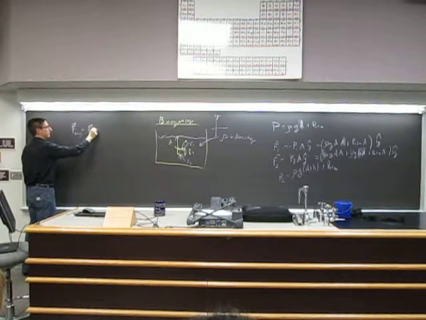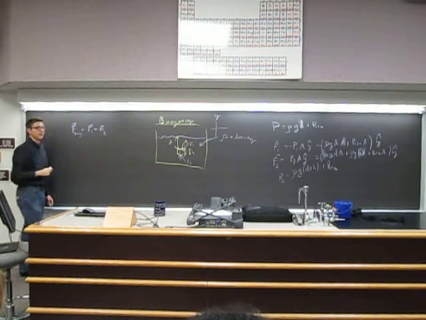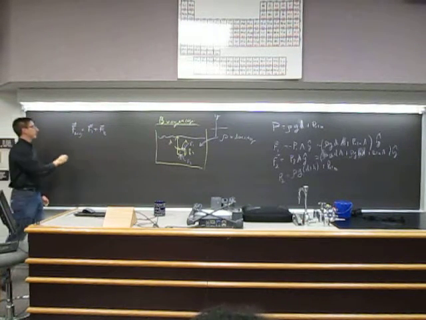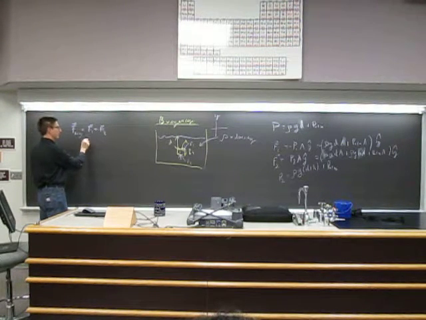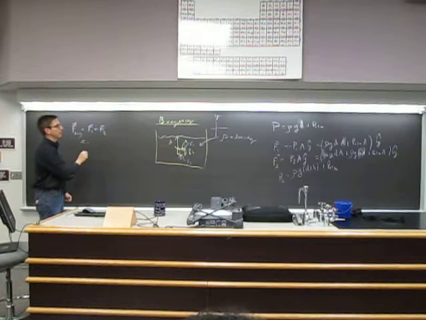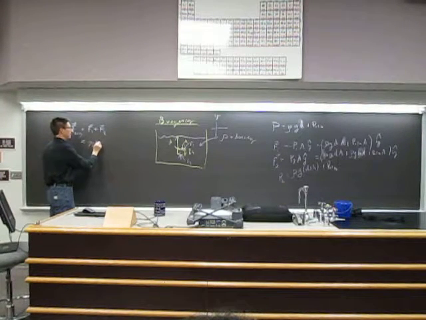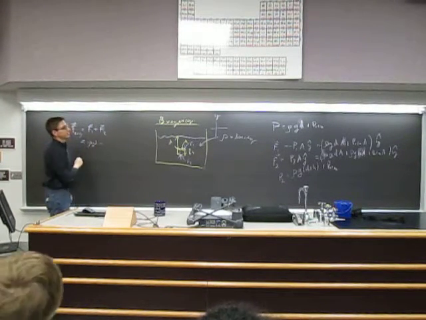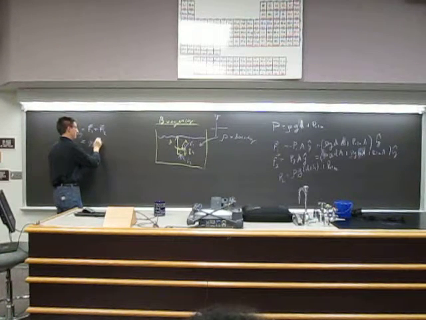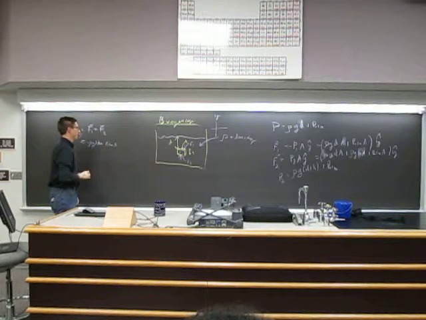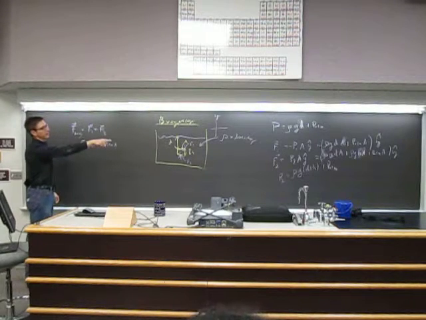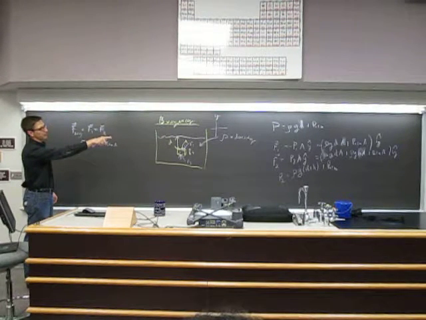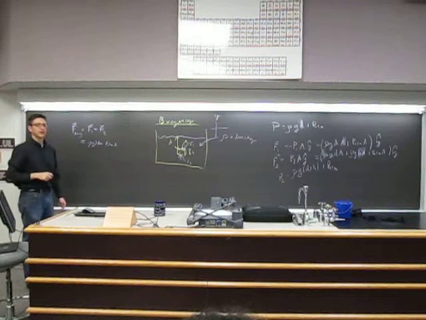So F1 plus F2. And when I write that out, I'm just going to write it out in gory detail. F1 is minus rho G d A minus P atmosphere A, and that'll be in the y hat direction. And then, before I write any y hats, I'm going to also include the next forces.